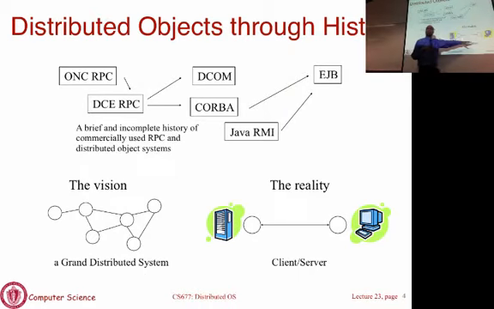What most applications typically do is client server. There's one entity at the client, one entity at the server. They're the ones talking to one another. And the realization is you don't need all the complexity of this vision in order to implement a simple client server model. Which is why many of the subsequent middleware systems are geared towards client server interaction.